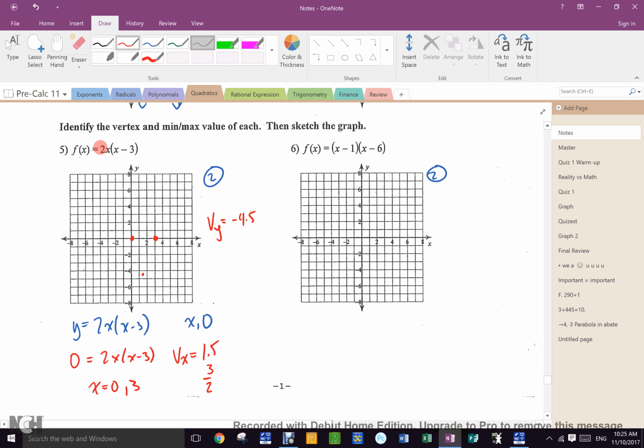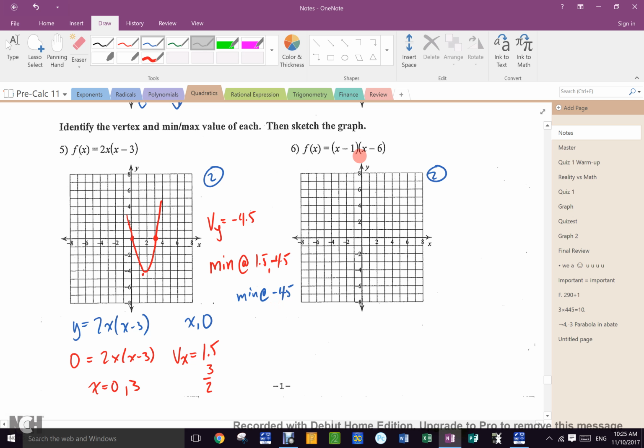And since everything's positive, it's that kind of parabola. So it is a minimum at 1.5, -4.5. And you needed all that, the graph, and the proper answer. At least you needed to say the minimum was at -4.5 to get the whole 2 marks.